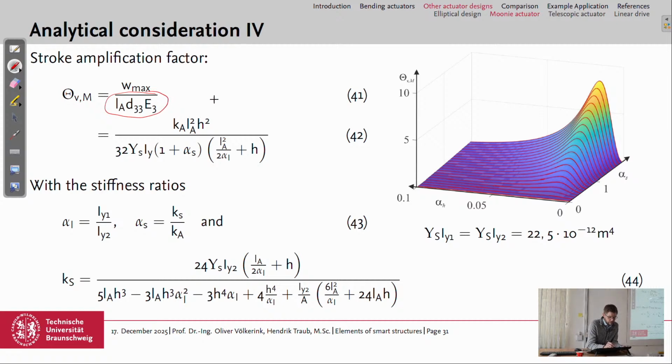So this would be, in the simpler case, U0 of the stack actuator, and we compare it with the maximum displacement the Moonie actuator does in the other direction, so perpendicular to it, to get the stroke amplification factor.